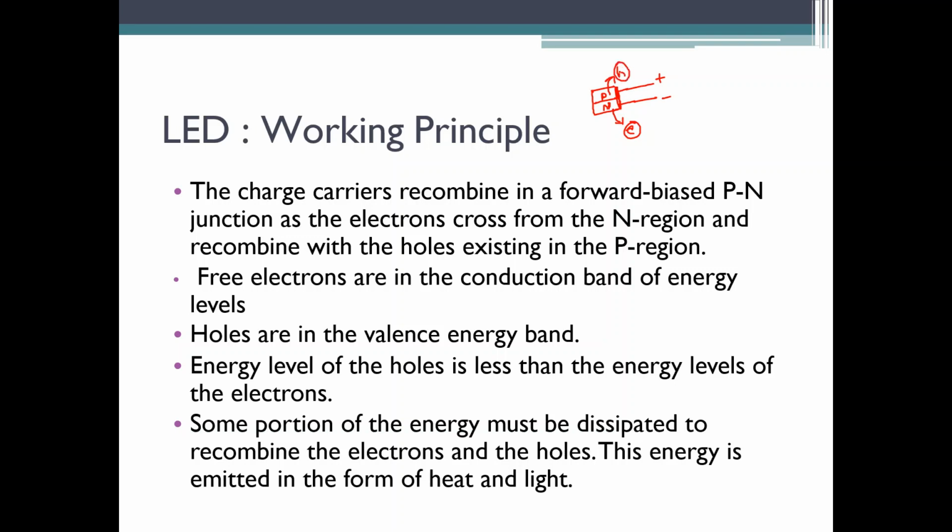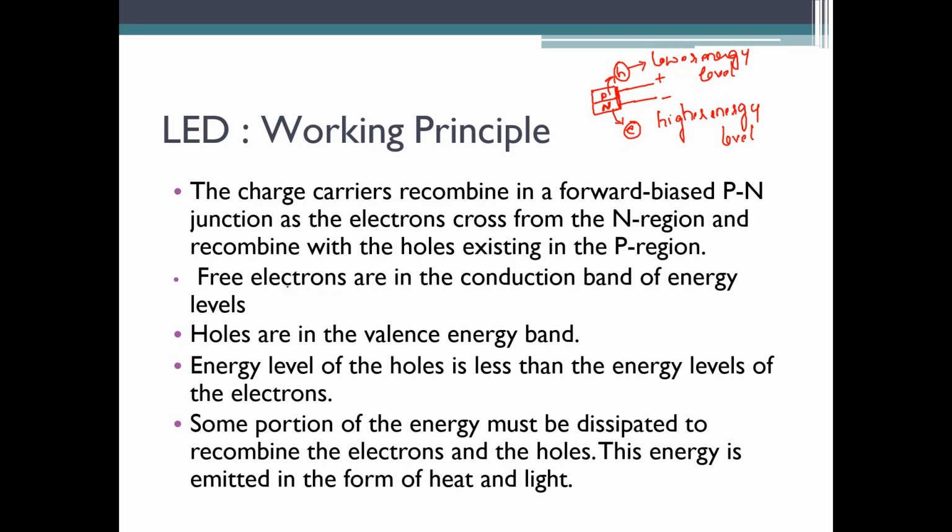Normally when the manufacturing is done, this N layer will have electrons which are at a higher energy level, and the holes I have here will be at a lower energy level. During the manufacturing, I'll make sure the energy levels are as described.